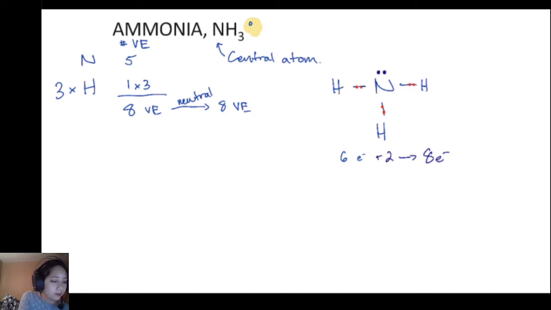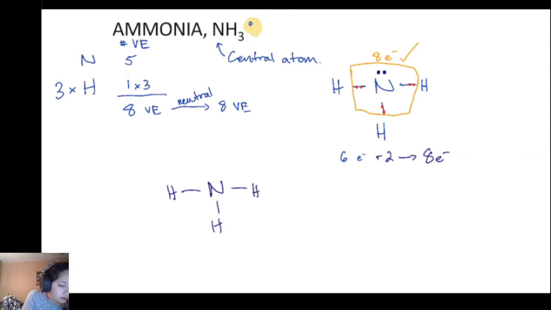So nitrogen has 8 electrons around it, so it is happy, its octet is fulfilled. If we were drawing the actual Lewis structure without all of my extra nonsense, it would look like this. So that is ammonia, a simple case where there are only single bonds.